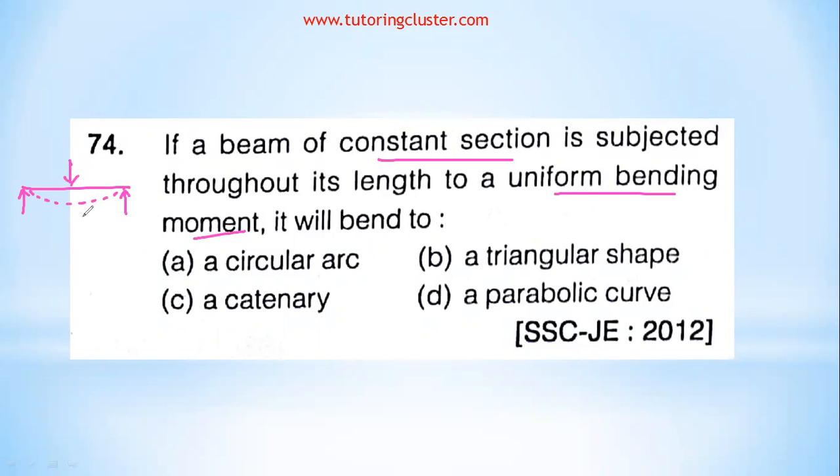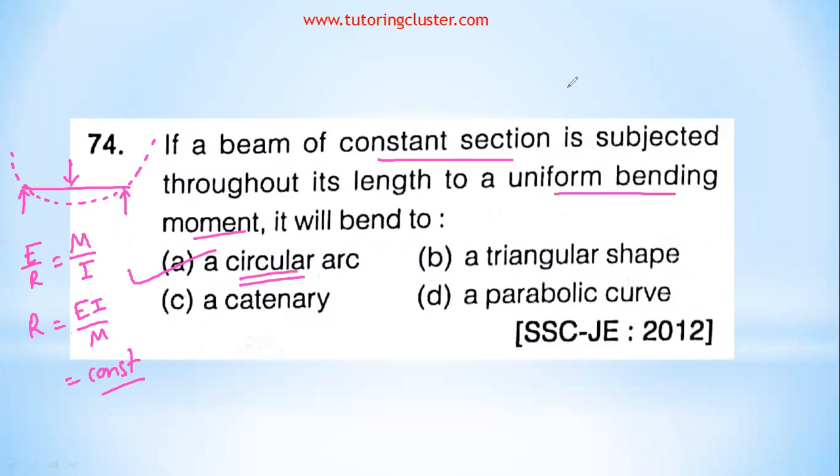It is going to bend like this. It will be a circular arc. If you solve it for R, you will get EI upon M, which will be equal to constant. So it will bend in a circular arc, right?